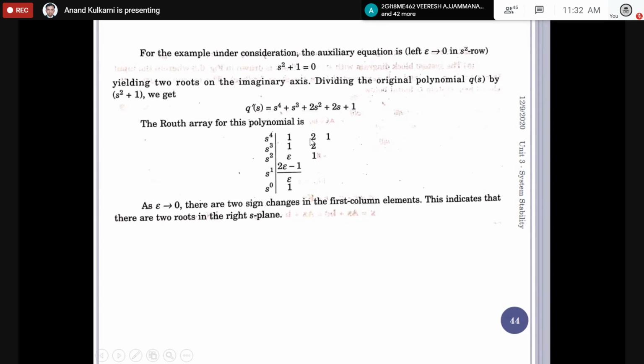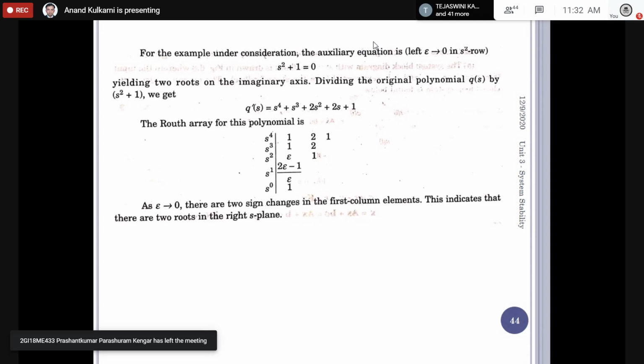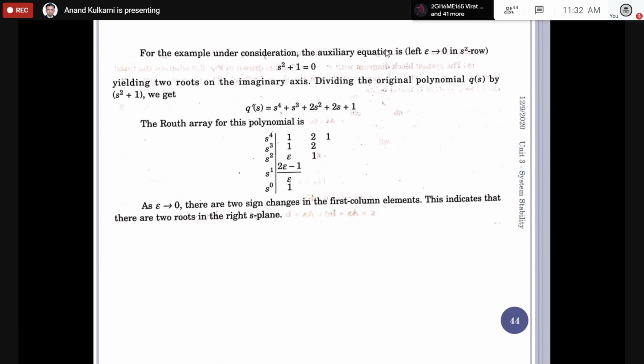So out of 6 roots, there are 2 sign changes, meaning 2 are on the right hand side. Remaining 4, out of which these 2 are because of the auxiliary equation, are on the imaginary axis. And remaining 2 may be on the left hand side or anywhere on the imaginary axis, we don't know. So overall, the system is unstable because there are 2 sign changes.